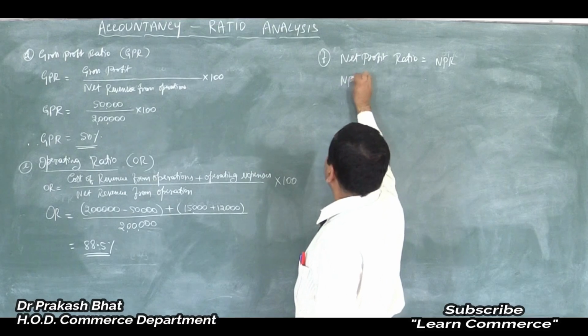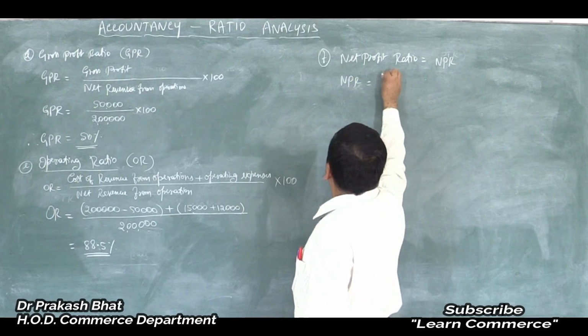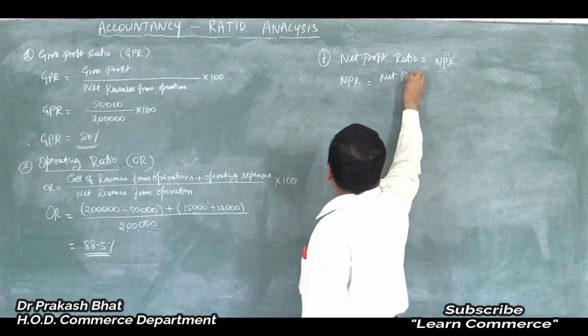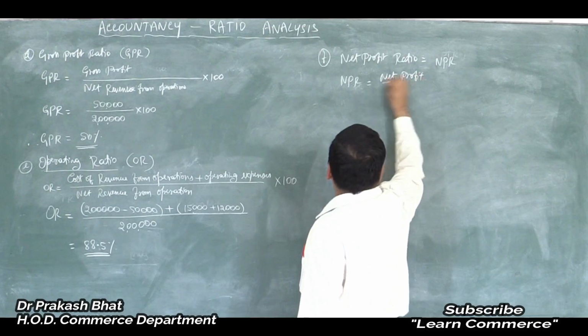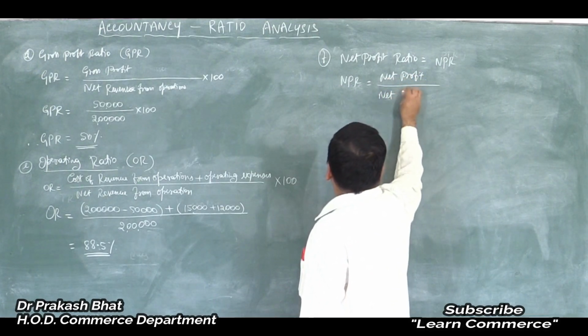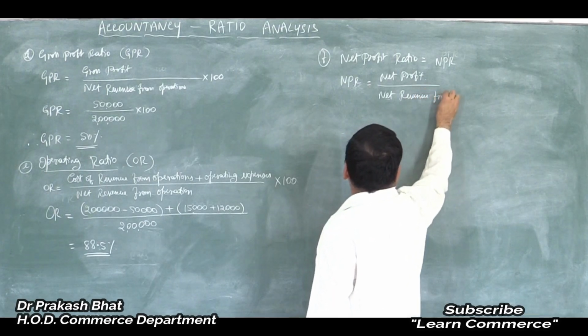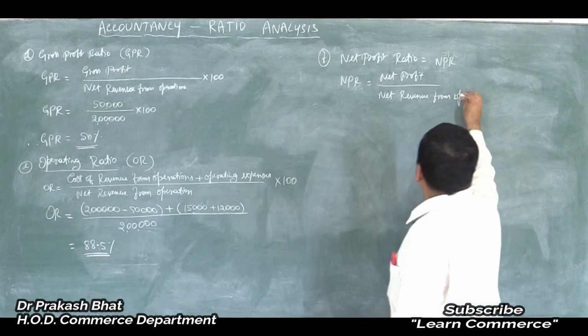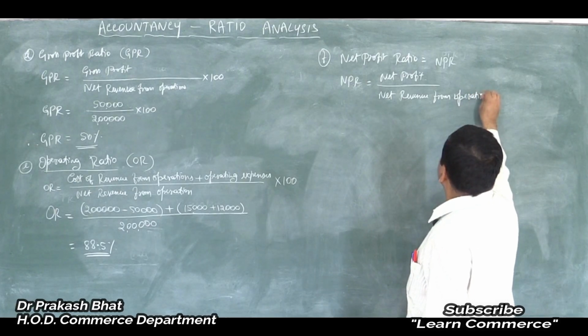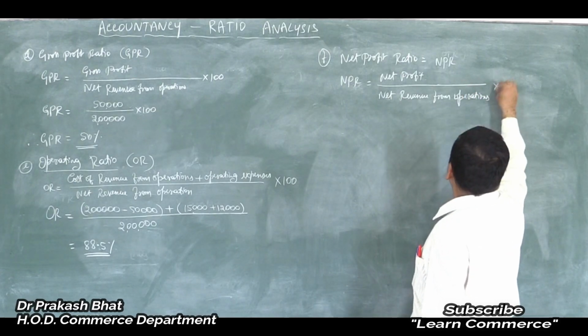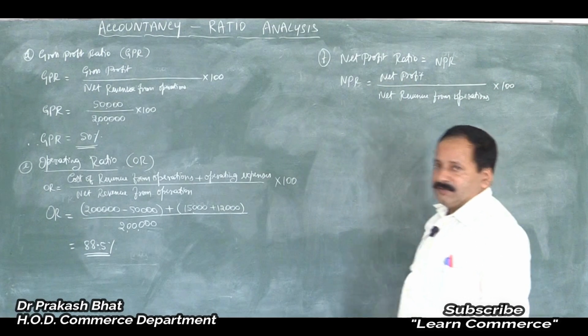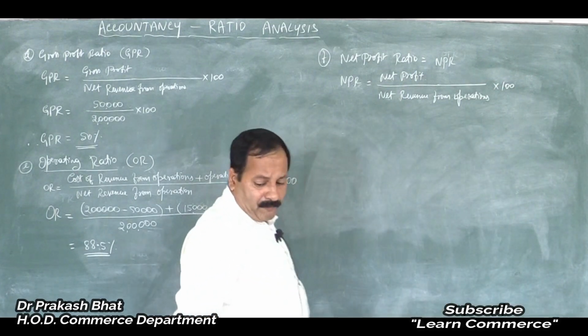NPR is equal to net profit divided by net revenue from operations into 100. Very simple.